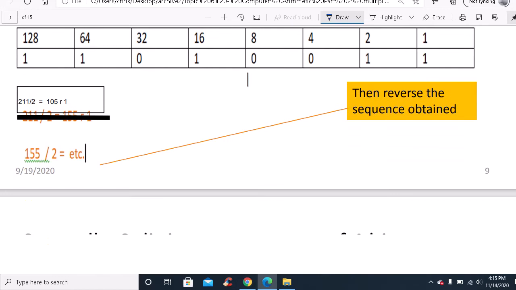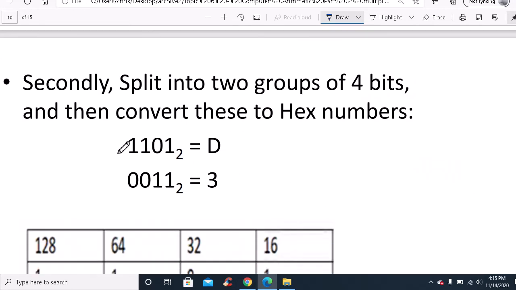So 1101 is actually equivalent, if you work it out, to the hexadecimal number D. I'm not going to convert it to decimal and prove that to you, but D is actually equal to 8, 9, 10, 11, 12. And the second group of 4 digits is 0011, which is 3.